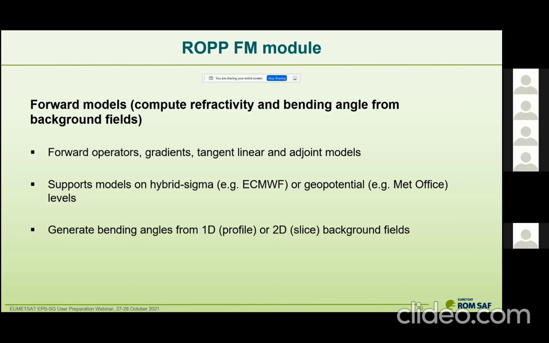It can cope with models on hybrid sigma levels like ECMWF or geopotential levels like Met Office. And we can generate bending angles from 1D, that's to say a spherically symmetric field, state vector, or a 2D, a slice, two-dimensional background field.